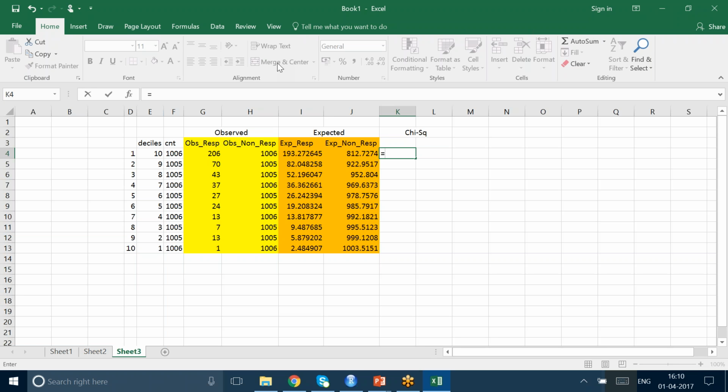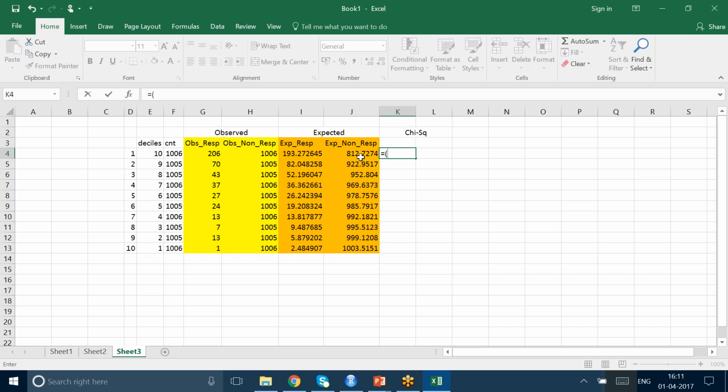At each decile level, I am trying to prove that my model estimates correctly how many customers are going to respond. So I want the null hypothesis to be validated. For that, my objective is that observed should be close to expected.